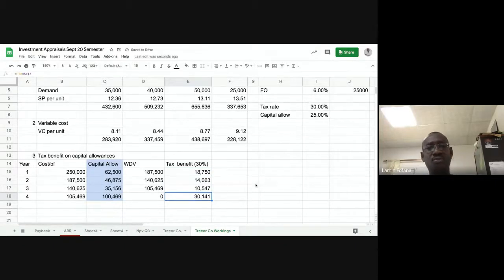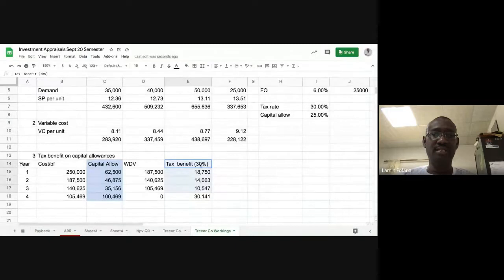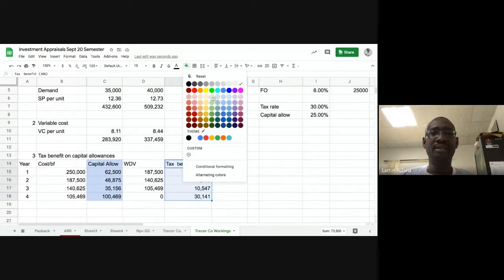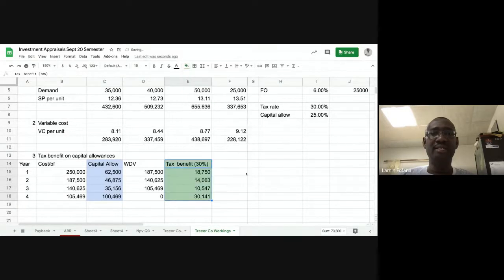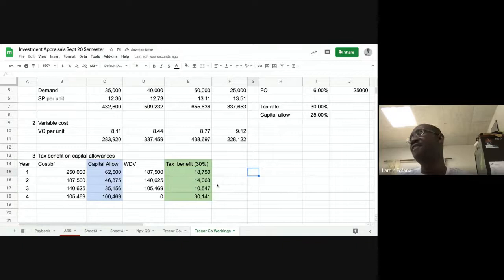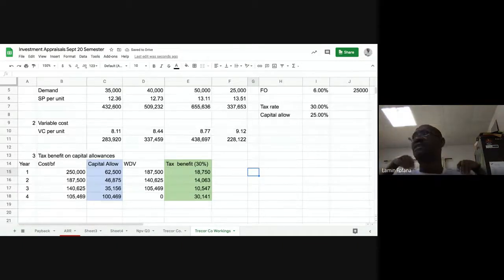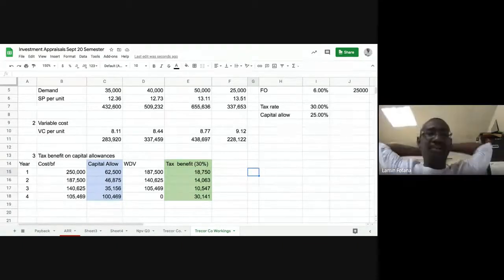Okay, so these will be the tax benefits: 18,750, 40,063, 10,547, 30,141. So this is very important for us because we are going to claim this. So we are getting this instead of the tax benefit on our depreciation.